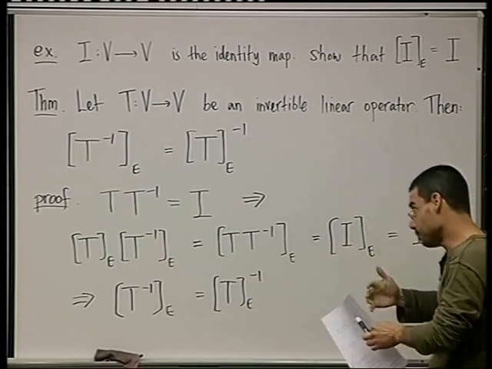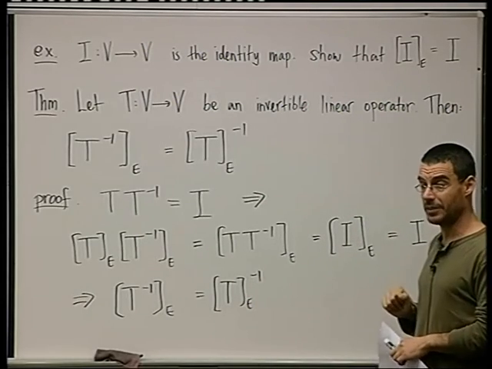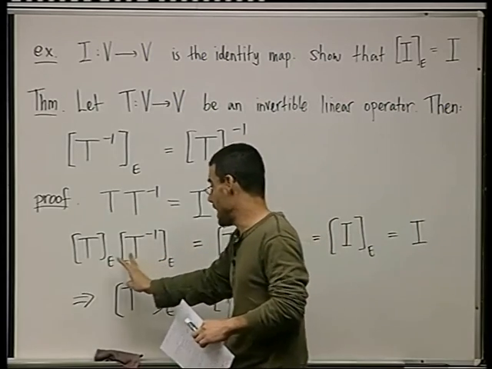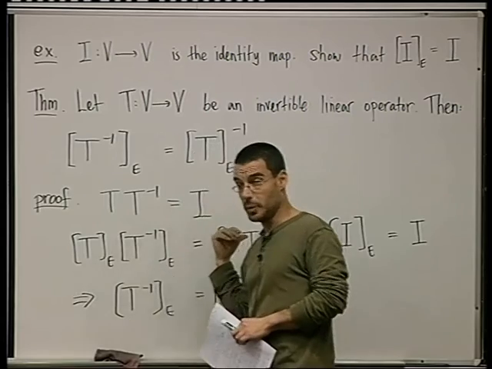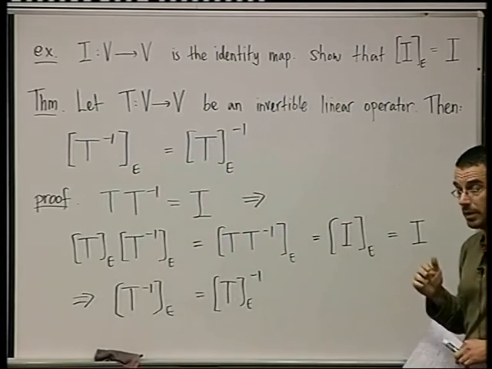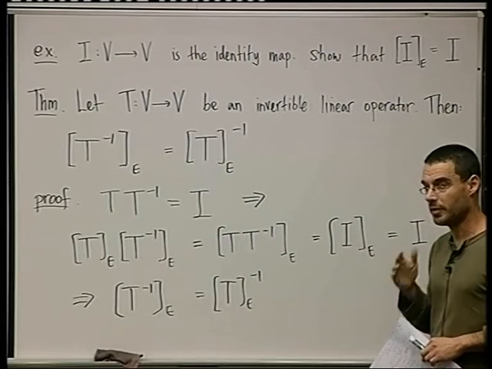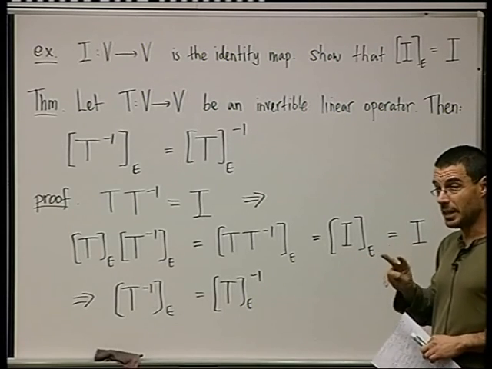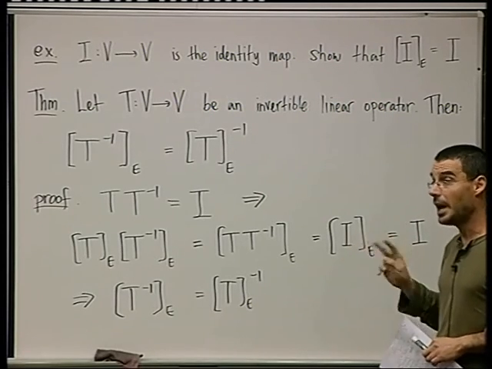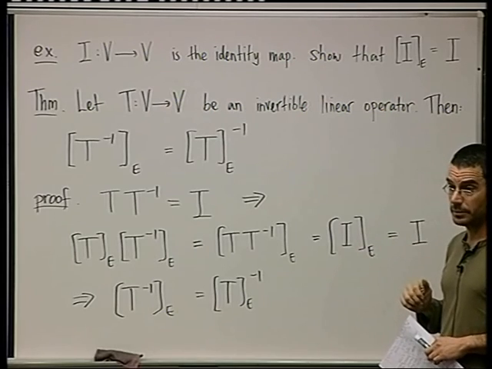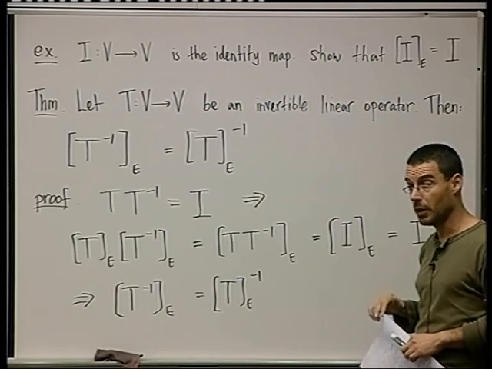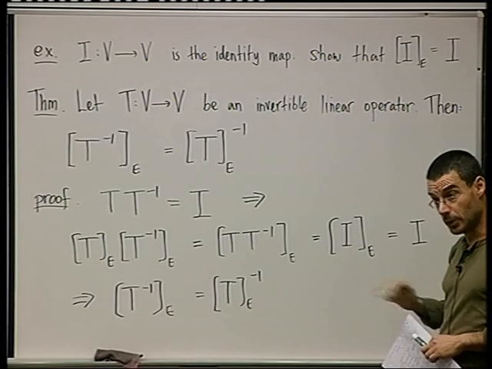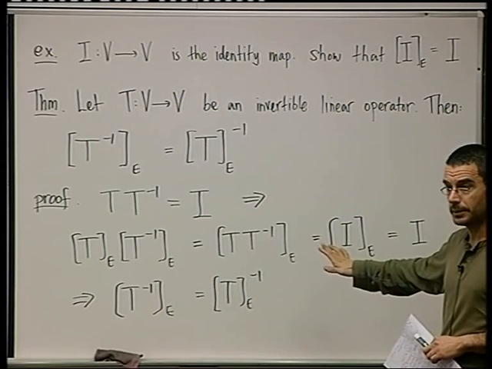So again, it may be blurred in the notation, but that's all I said. If you want to be more precise, you may want to show that BA equals I as well, but that's not necessary. If AB equals I for square matrices, BA is going to equal I as well. That was a statement very long ago when we discussed matrices. Good? No missing step.